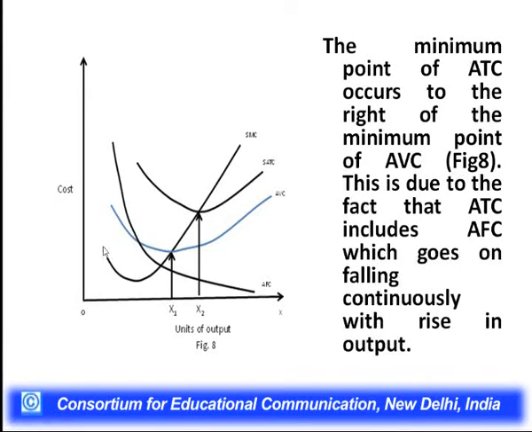And your SMC is also of U shape, it is declining and then it becomes minimum, and after that it is increasing. So we have shown here that SMC is cutting AVC at its minimum point as well as SATC at its minimum point.